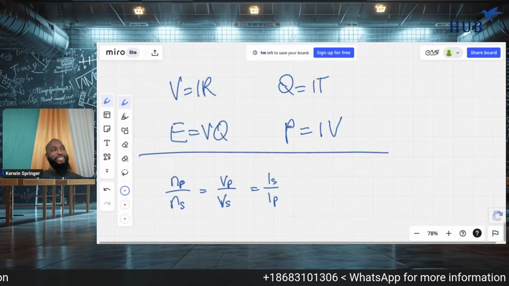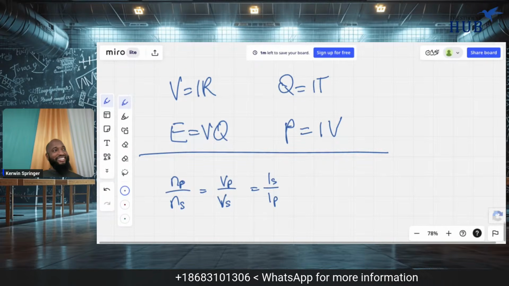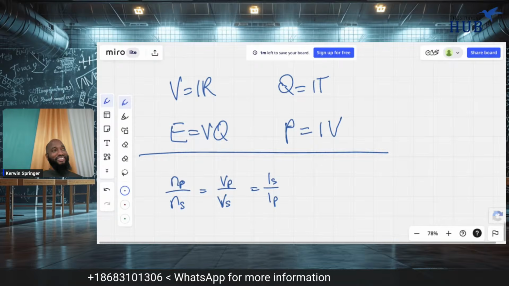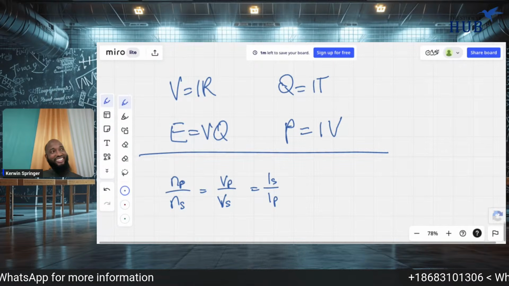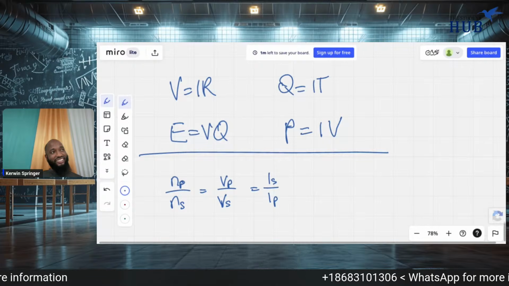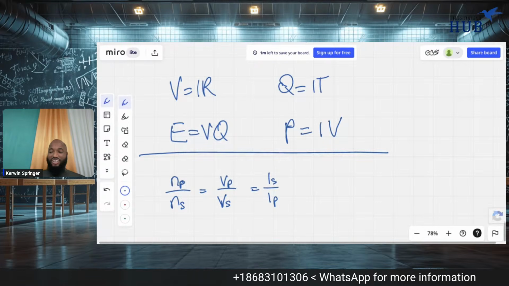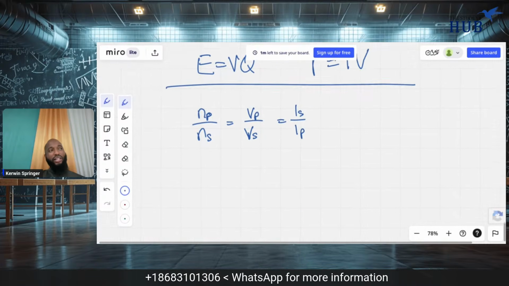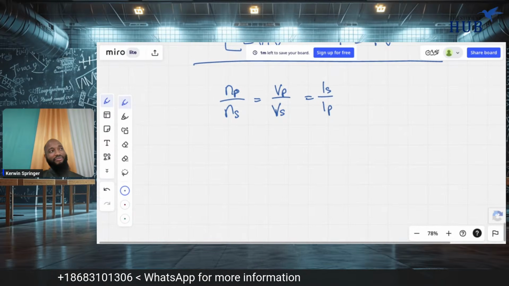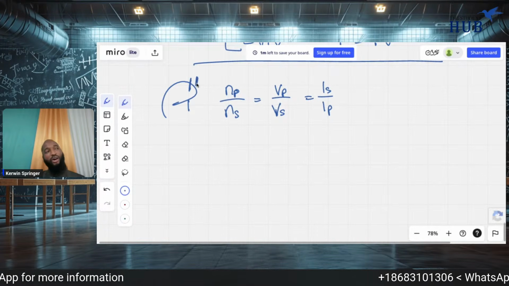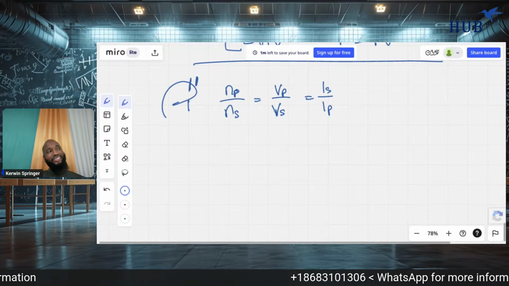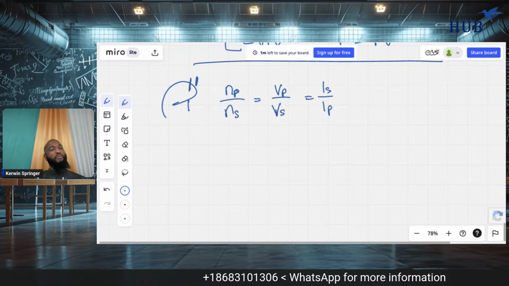What is wrong about it? As a group, our group has said that the equation should be NS over NP equal to VS over VP equal to IP over IS. All right, so this is correct as well. That's what we said to get our answer. You are right, sir. Both are correct.